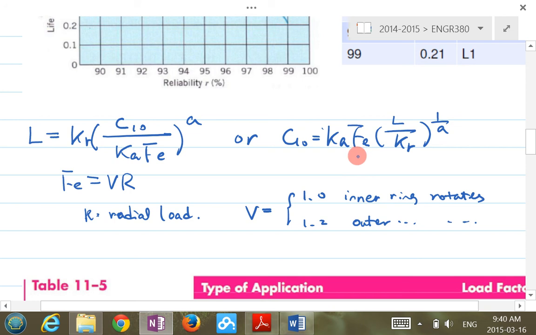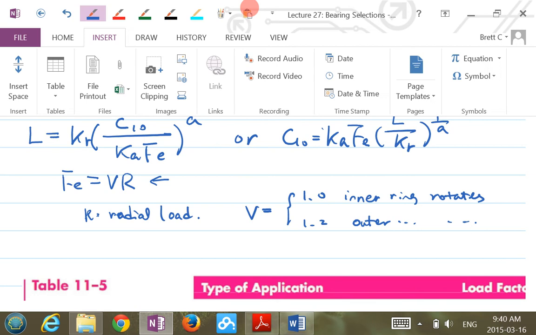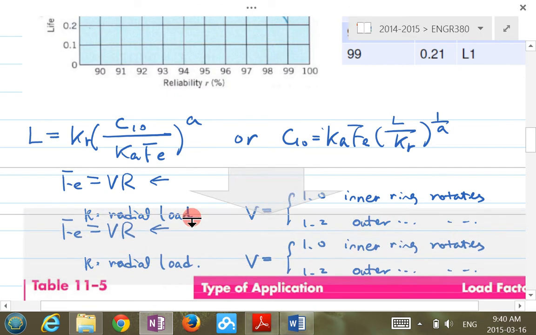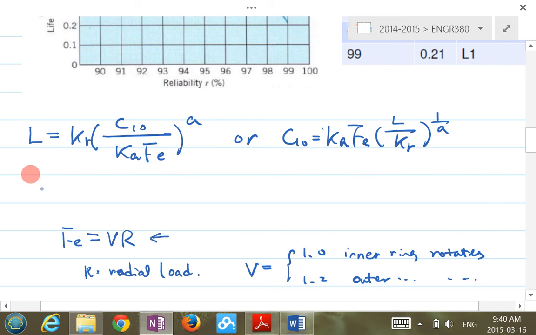So I think I should be more specific. I shouldn't introduce this one yet because I have two different cases. Maybe I should just write down another one here. This is the first case. Let's consider radial load only.